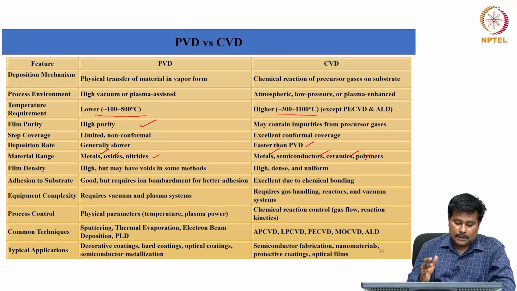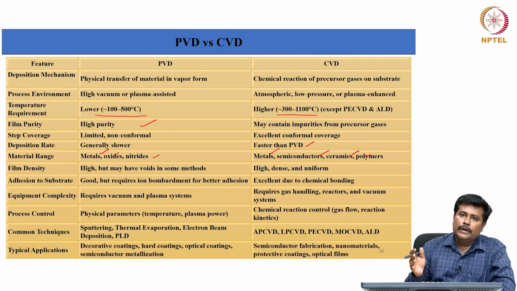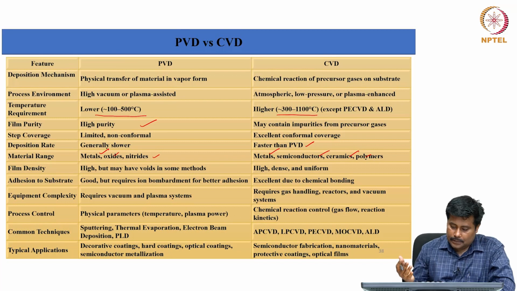Adhesion to the substrate is good but requires a kind of ion bombardment for better adhesion. That is, you need some surface treatment to have better adhesion. This surface treatment might be roughening the surface to get higher adhesion, or we can also heat the substrate.